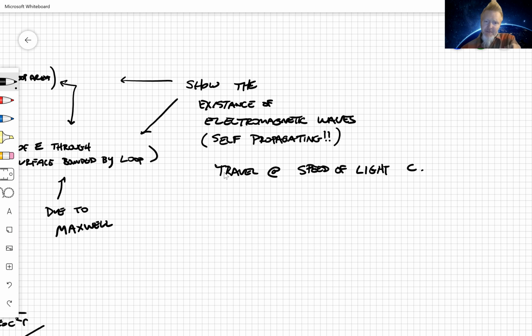Maxwell thought about this. He said, that's strange. Why should electromagnetic waves travel at the speed of light? Now, I need to take you back in your minds to the 1850s. Think about it. It seems like it was yesterday. We have this idea in physics of what's called unification, and we take two ideas and we realize that they're actually the same idea.